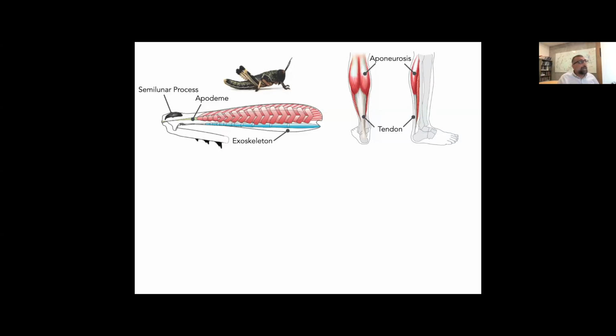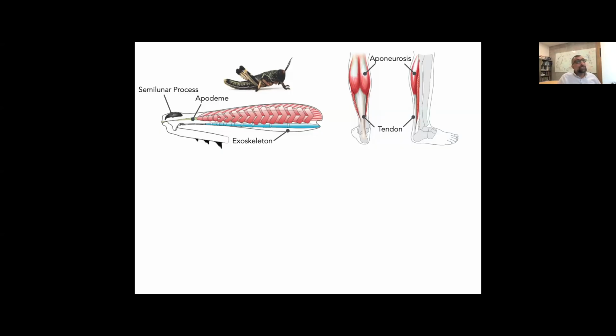In invertebrates, which I'm not going to focus on much today, you can think of things like the apodeme, modified exoskeleton structures as well, like the semilunar process or the exoskeleton itself, are really good elastic structures that are capable of deforming, storing mechanical energy temporarily, and releasing that. And in fact, some of the most resilient materials come from the invertebrate world, where the resilience of that material can be quite high.